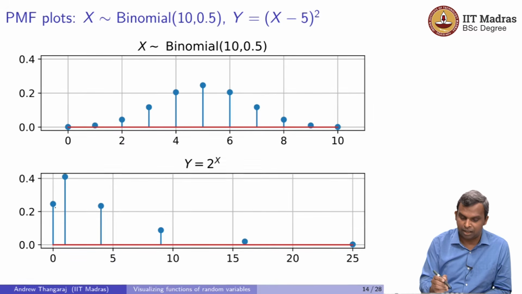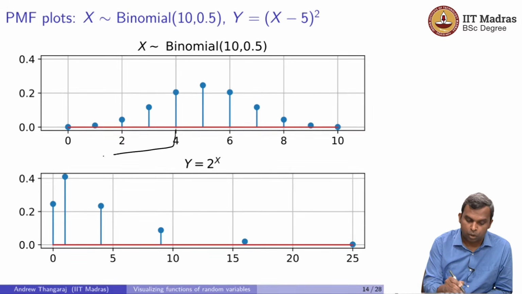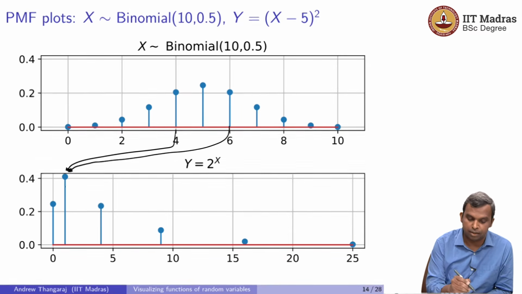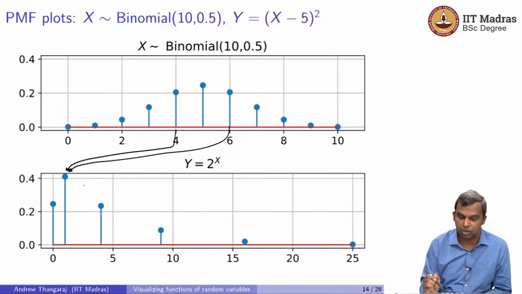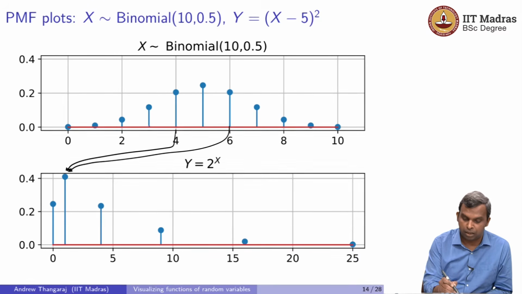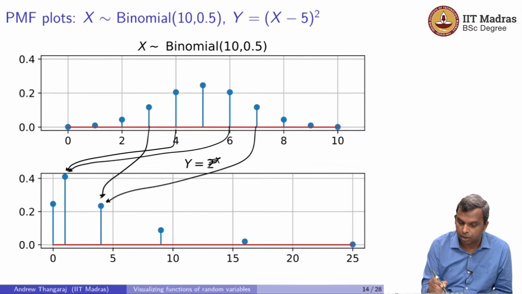So maybe the slightly interesting case is, 4 and 6 will add together to give you this, right? So this plus this, a sort of 0.2, it's gone to 0.4. Okay, so these two add to give you this. These two, 3 and 7 add to give you this. It's not 2 power x, I apologize for that, it's x minus 5 whole square.